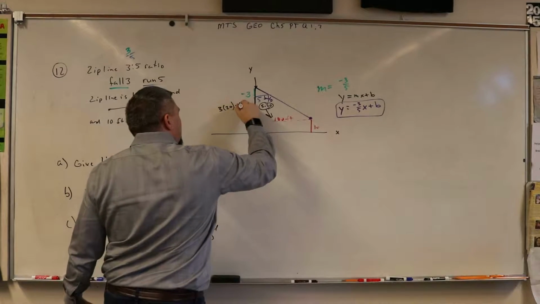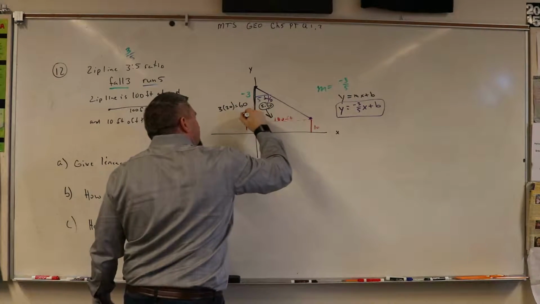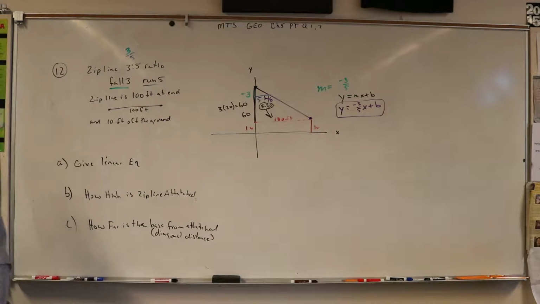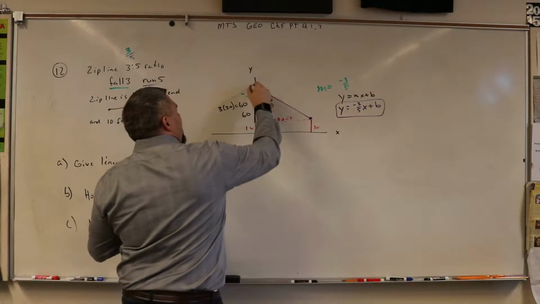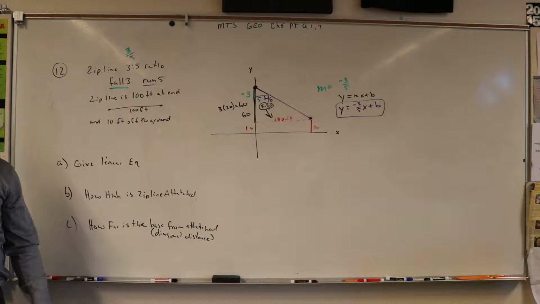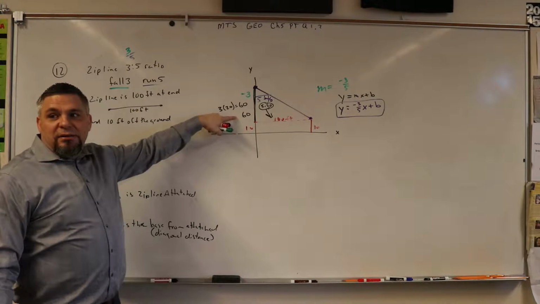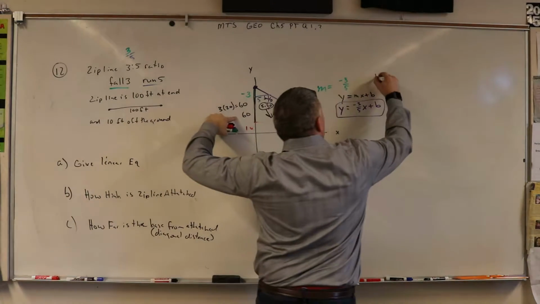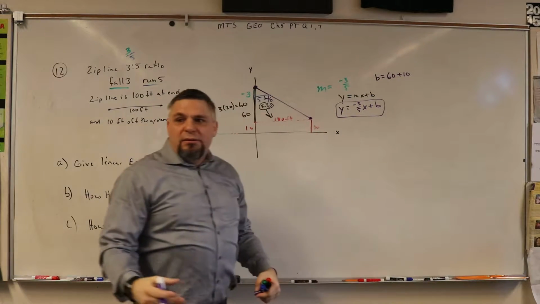That means this piece right here is 60. So if that piece is 60, how high are we attaching that zip line? 60 and 10, 70.